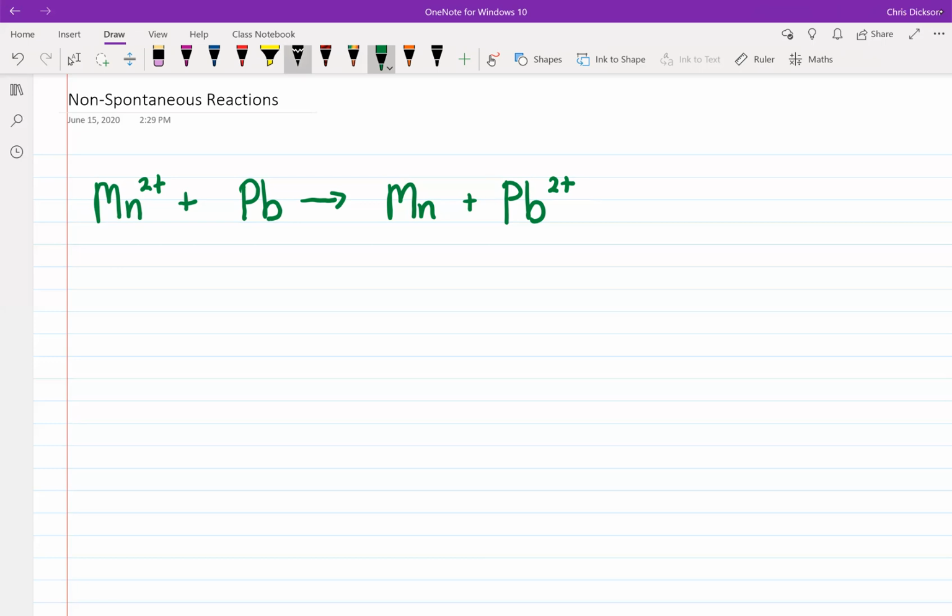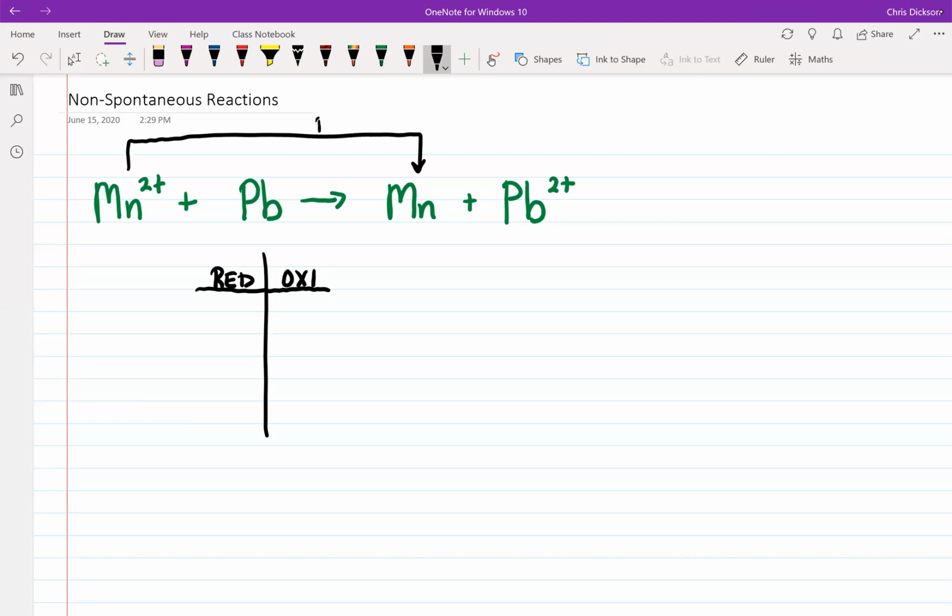So we write down our reduction oxidation table. We've done that quite a few times in the various videos. And let's take a look at what's being reduced here. So the manganese ions are going from +2 to 0. So that's definitely reduction. And then the lead metal is being oxidized into lead ions.